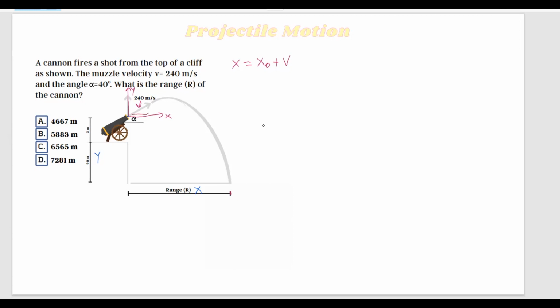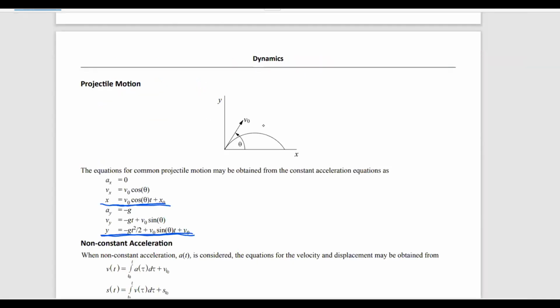So Vx, since this is angle alpha, is equal to V cosine alpha. And then Vy is equal to V sine alpha. So x equals x0 plus V cosine alpha multiplied by t. This is our x.